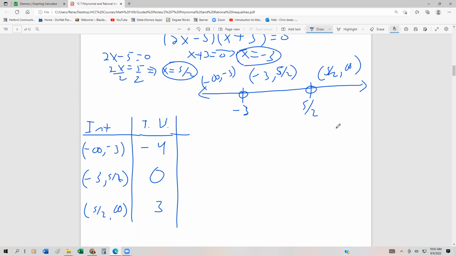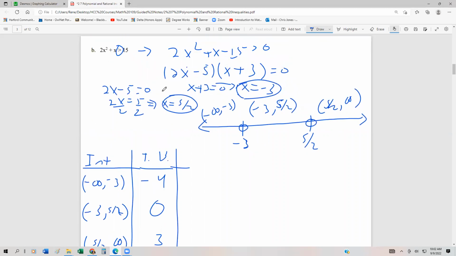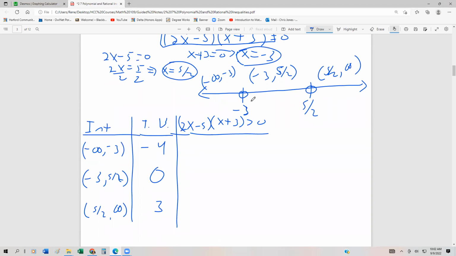Now we're going to substitute back into our inequality. What I like to do is substitute into the factored form. So we have 2x minus 5 times x plus 3 greater than 0. Let's see what happens when we substitute back in for x.